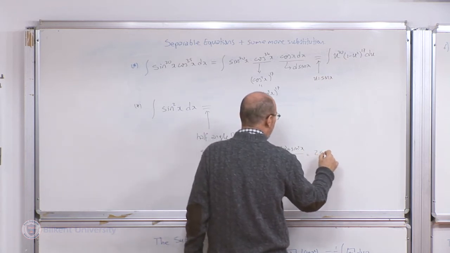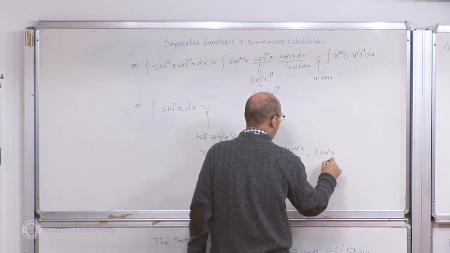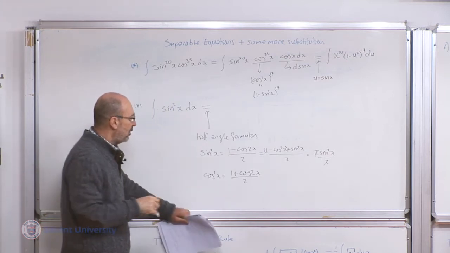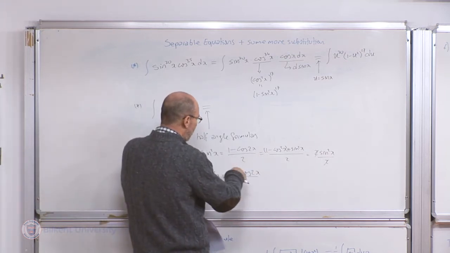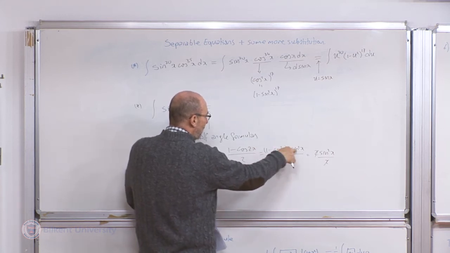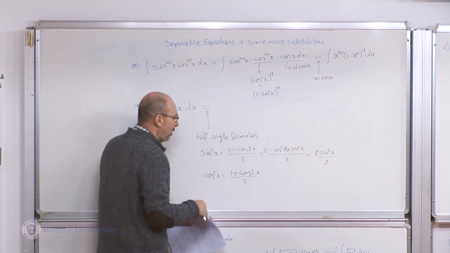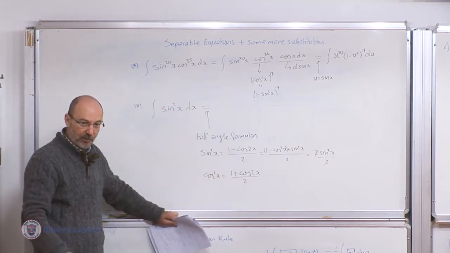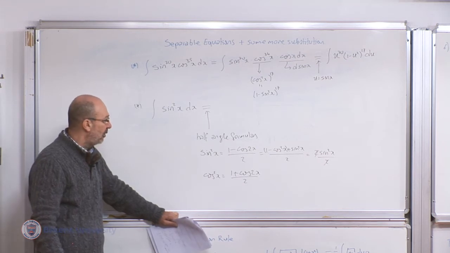So this is 2 sine square x over 2. The 2's cancel, and I get this. Here I'll have the same thing, except that since I have plus here, I have minus there, I'll have 1 minus sine square, which will give me extra cosine square. Divide by 2, I'll get cosine square. Okay, so the formulas are correct.